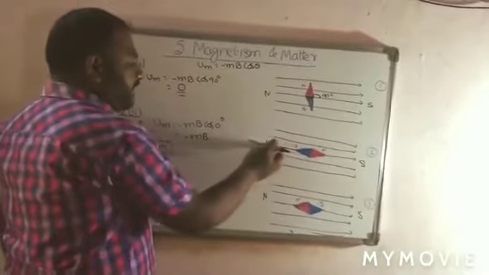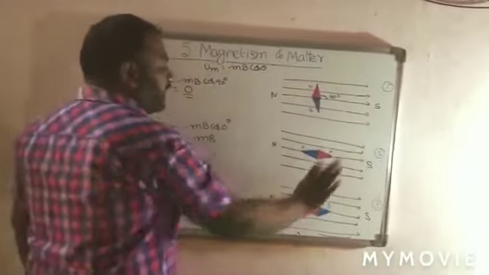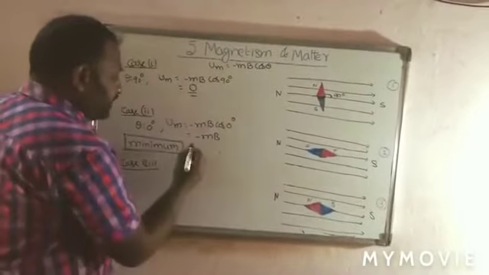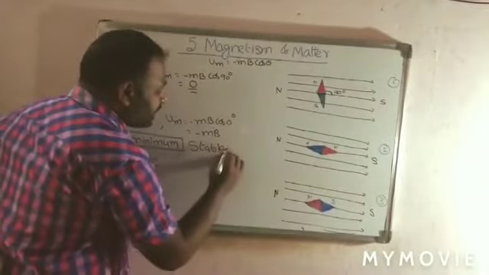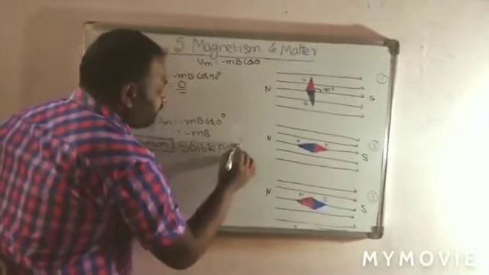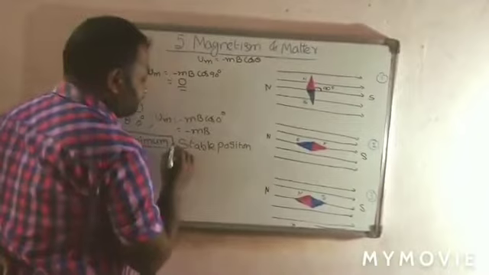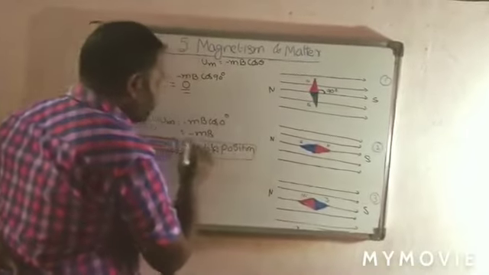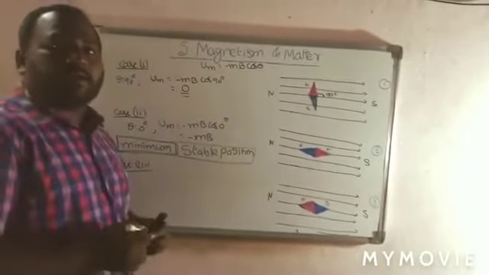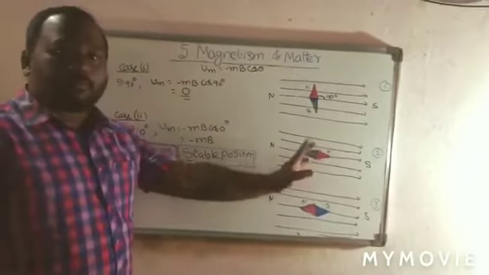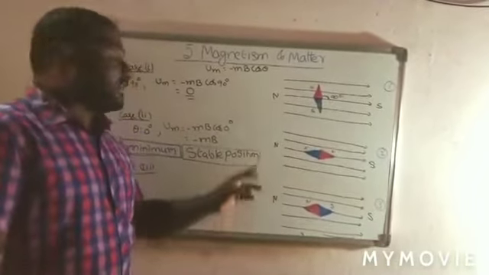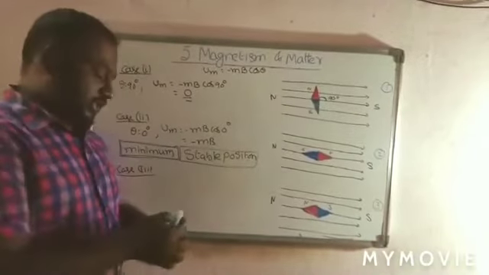Then the south pole is attracted to this one, this north pole is attracted to this one. Now this is called the more stable position. When theta equal to 0, magnetic potential energy is minimum and it is called the more stable position.